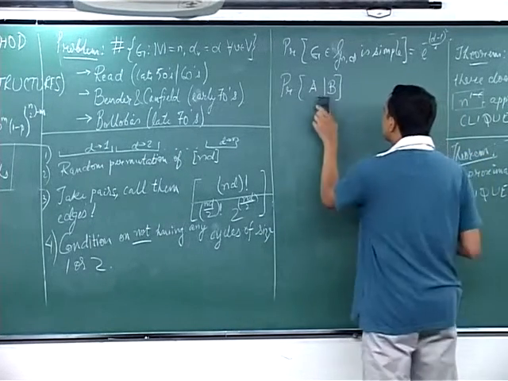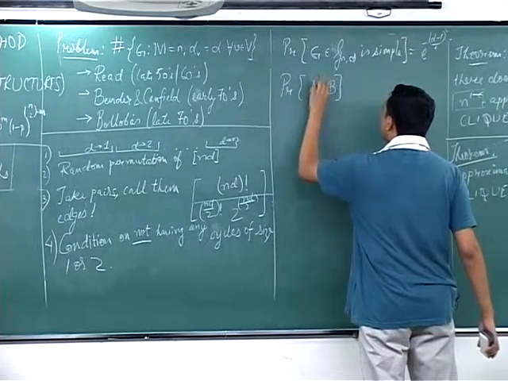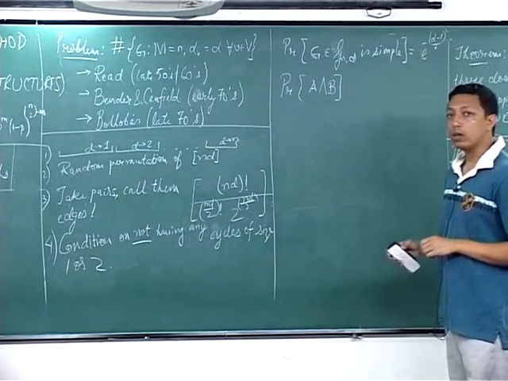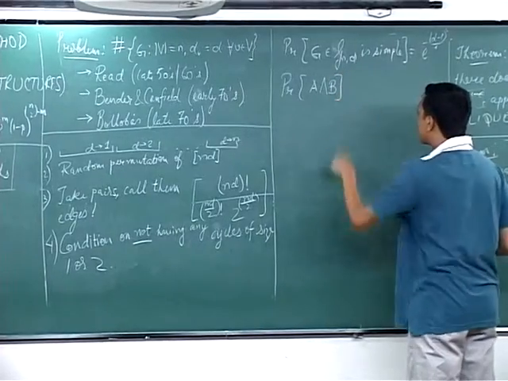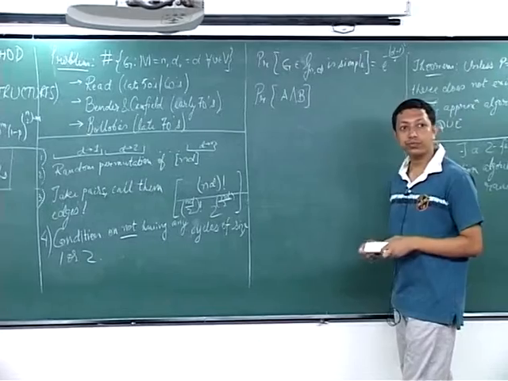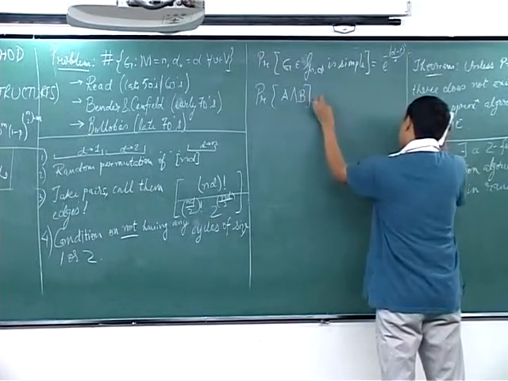Sorry, this is not the conditioning. What you want is this: a random configuration which also has the property that there are no cycles of size 1 or 2. And what is that?